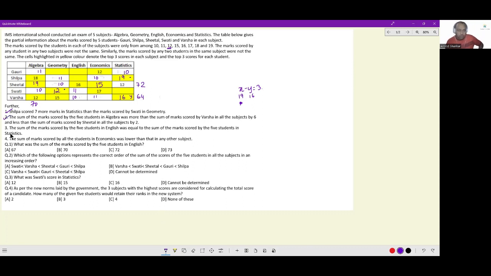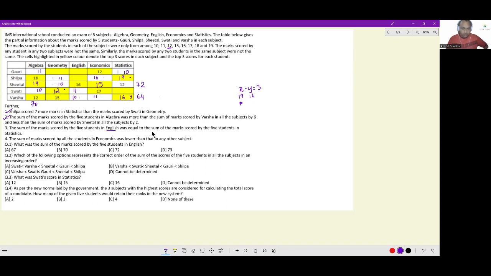The sum of marks scored by the 5 students in algebra was more than the sum of marks scored by Varsha in all the subjects by 6. 70 is 6 more than 64 and 2 less than 72. Absolutely wonderful.